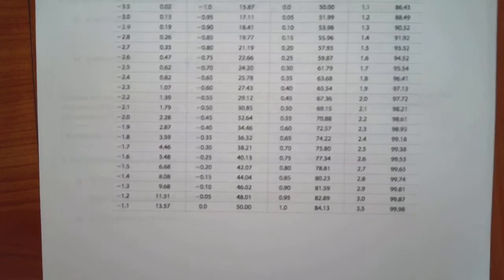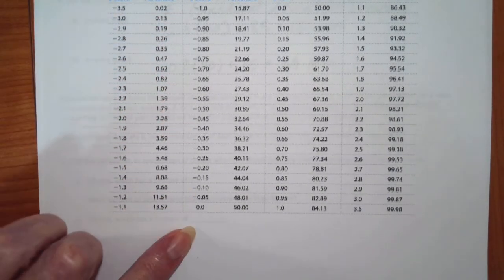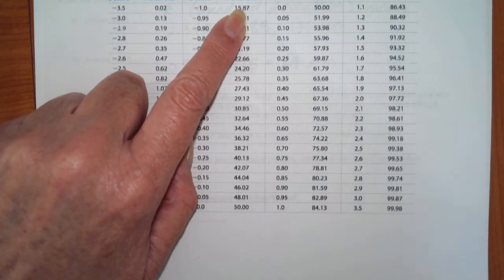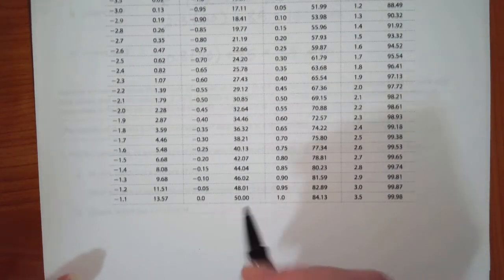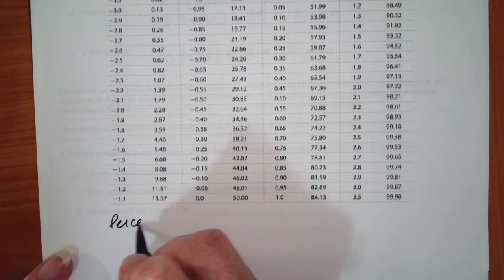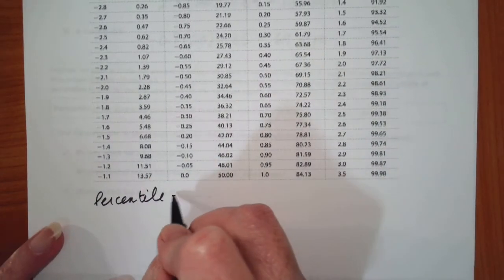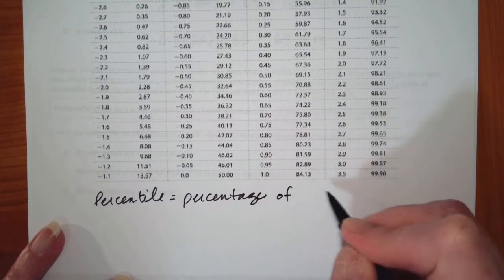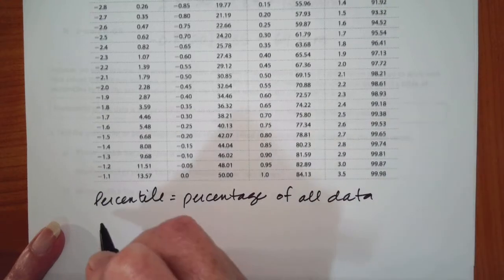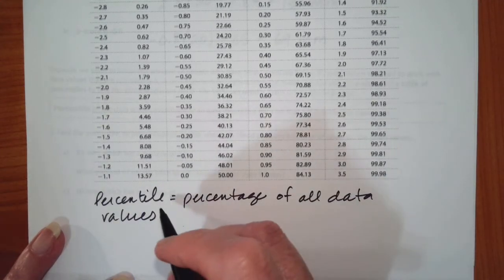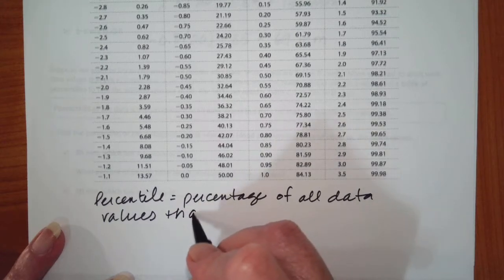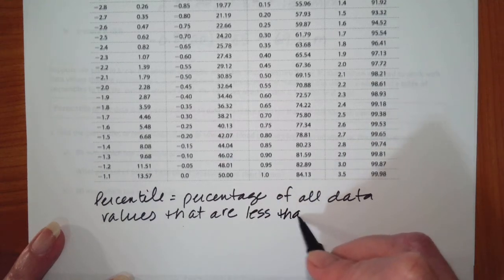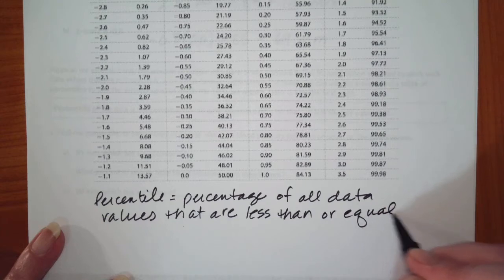For any z-score, which is any standard deviation, it will tell you the percentile, and the percentile here is the percentage of all data values that are less than or equal to it.